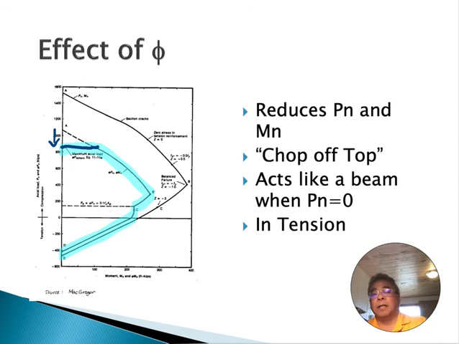Okay. So anytime you see a moment diagram that has the top chopped off, and it does that, what this reminds me of, I say it's like when a professor is wearing a belt too tight, it squeezes in his tummy.